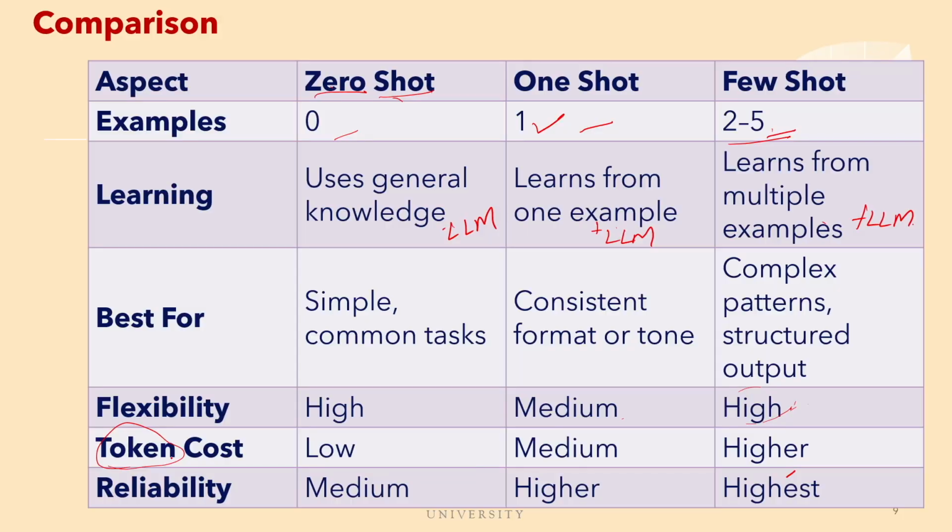The token cost for zero shot is low, for one shot it is medium. Why? Because we have only one example, whereas here it is 0 examples, so it is low, and for few shot, because we are involving more tokens, it is higher.